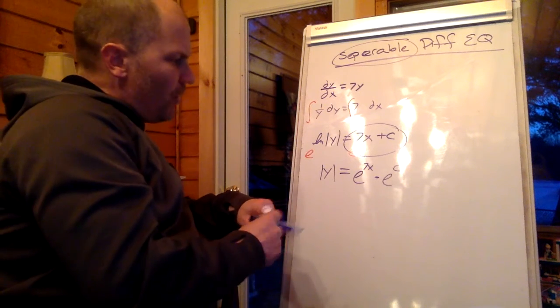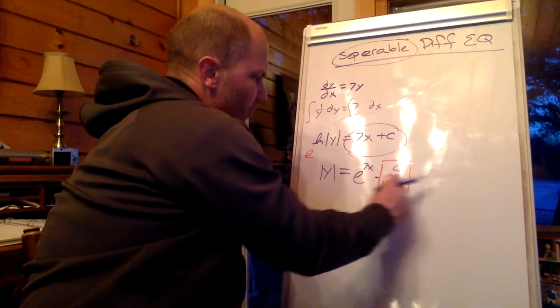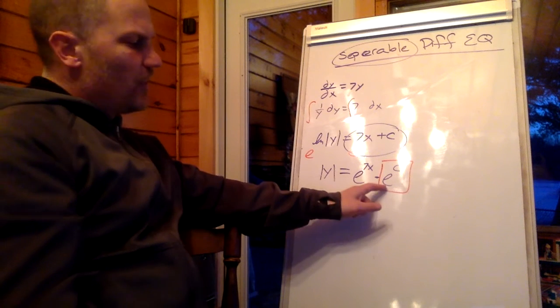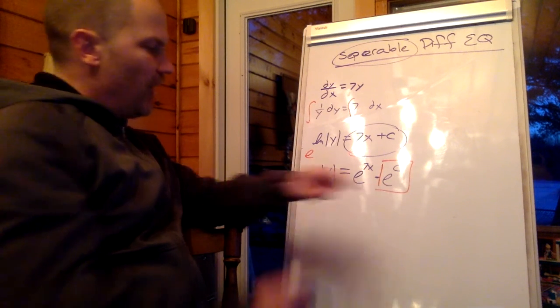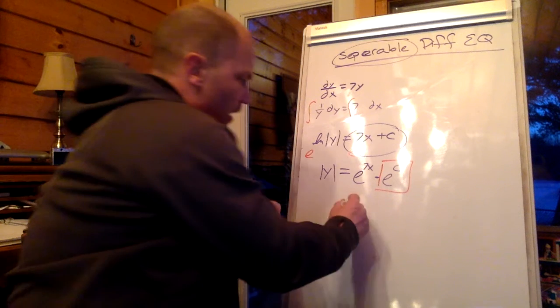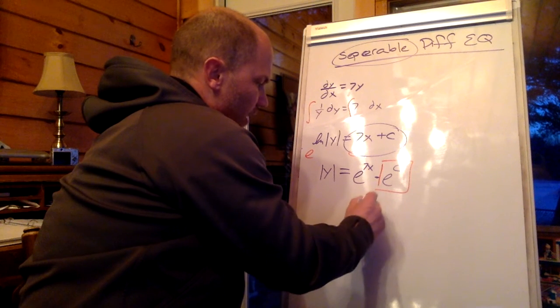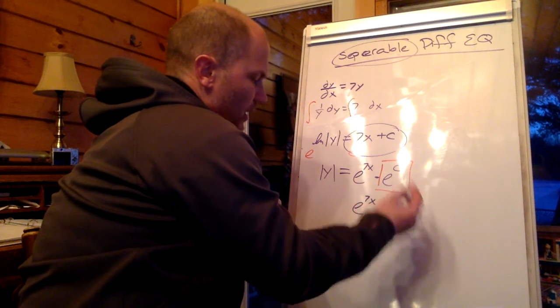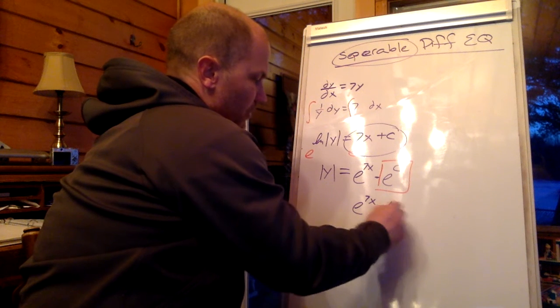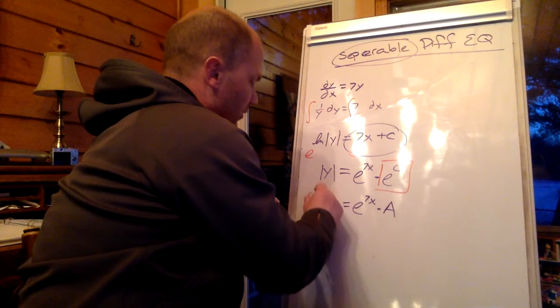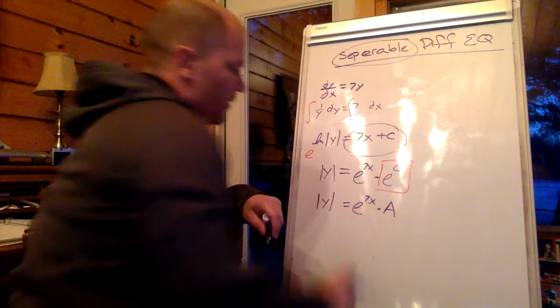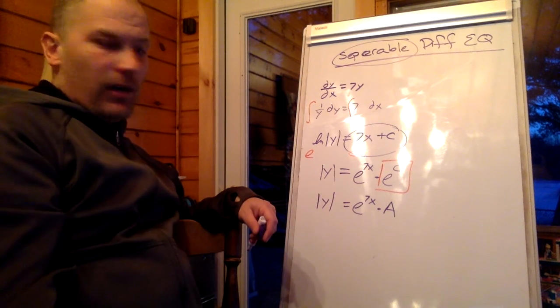And then we should go, oh yeah, e to the c, c is just a constant, e is just a constant, so we can rename this just another arbitrary constant. So we can say e to the 7x times, I don't know, most of the time people use a capital A or something like that. So we end up with something like this for our equation.